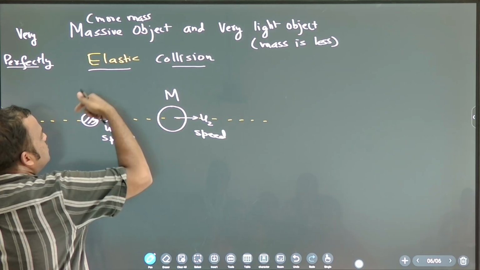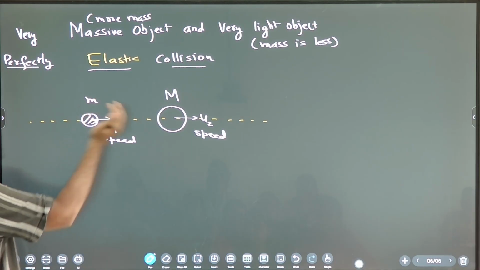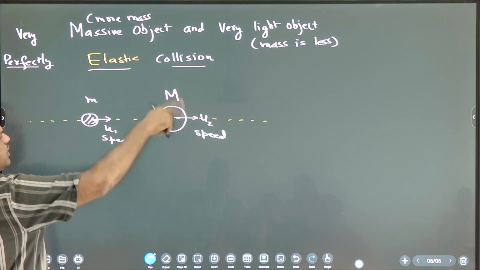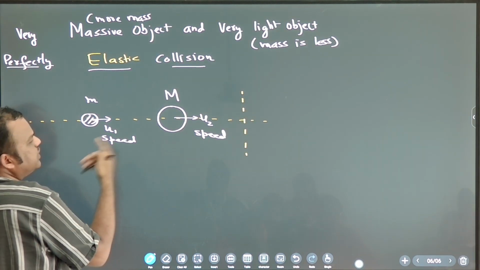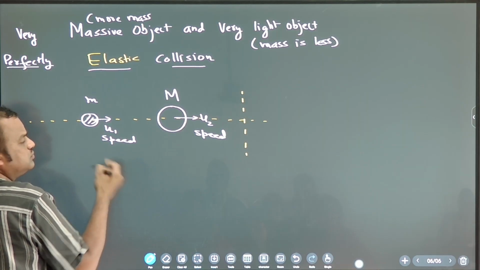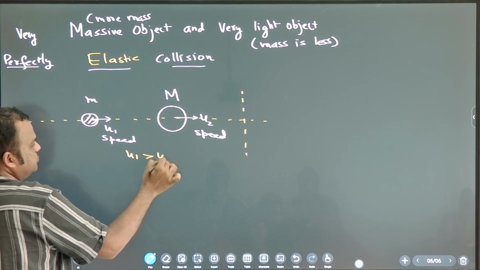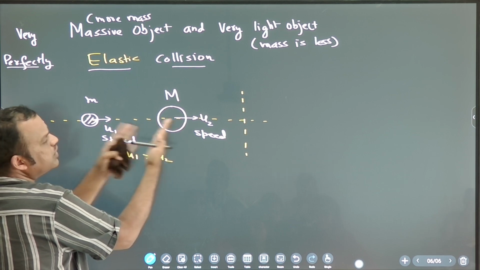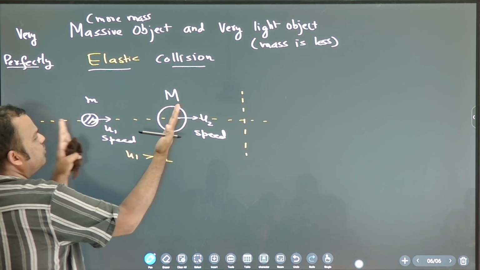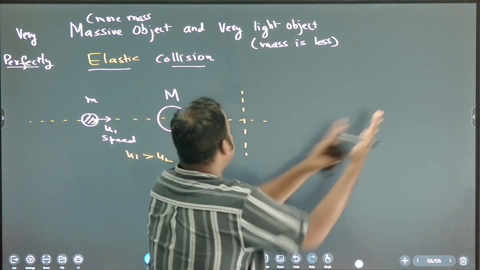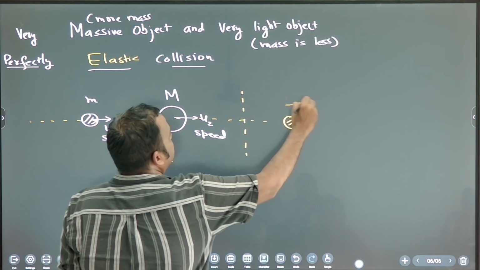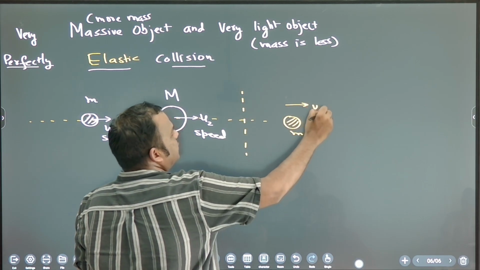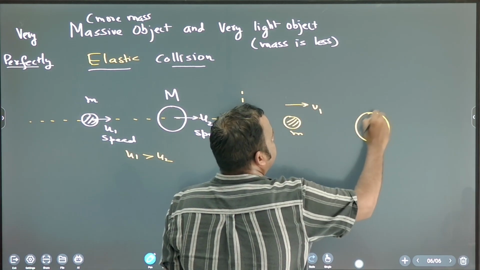So this is the light object, mass is very less, and this is the heavy object, mass is very large. This is before collision. Which is greater, u1 or u2? u1 is greater, then only they will collide, otherwise no collision. After collision, their velocities are v1 and v2.